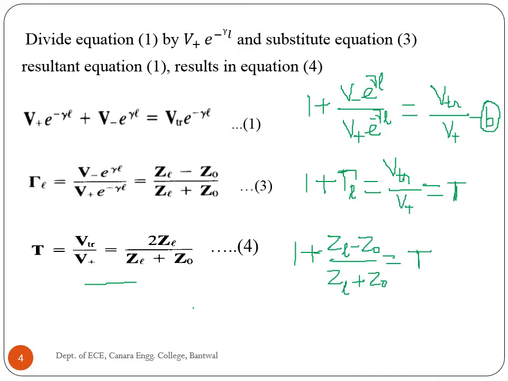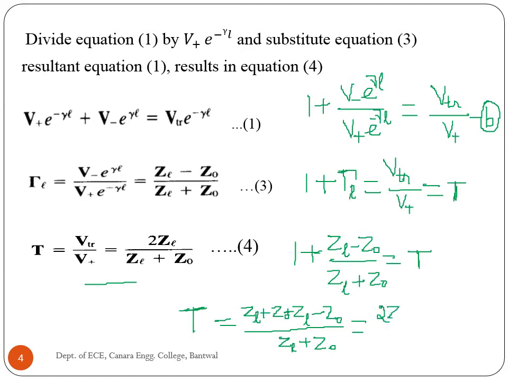So T, the transmission coefficient notation, T equals 1 plus (ZL minus Z naught) divided by (ZL plus Z naught).